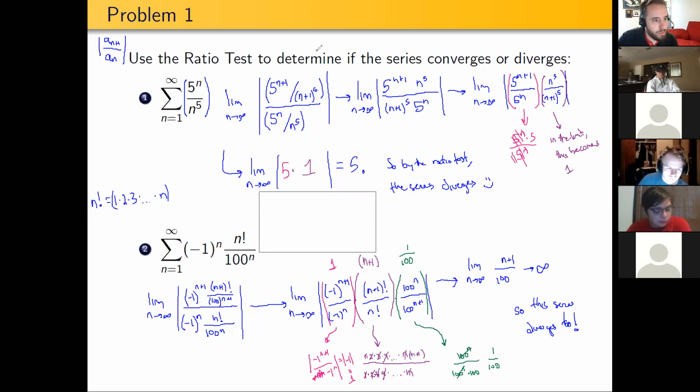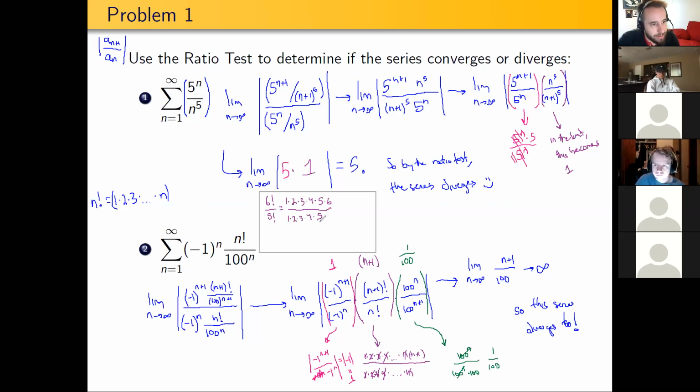If I wanted to look at, let's say, 6 factorial divided by 5 factorial, this becomes, you know, the numerator is just 1 times 2 times 3 times 4 times 5 times 6. The denominator is 1 times 2 times 3 times 4 times 5.